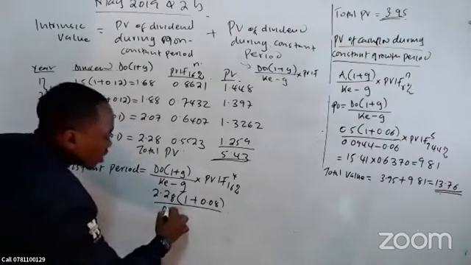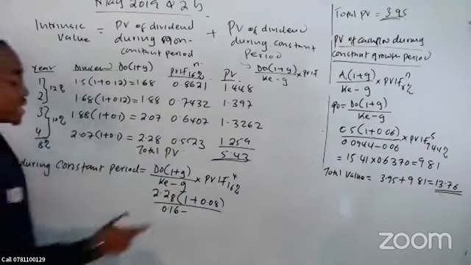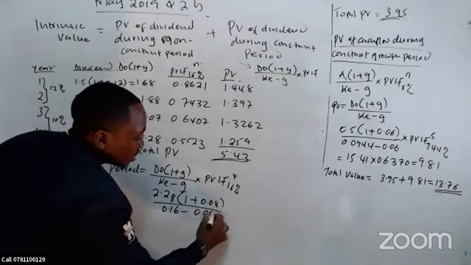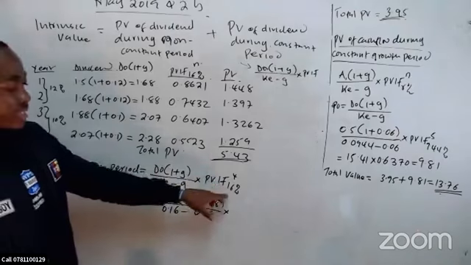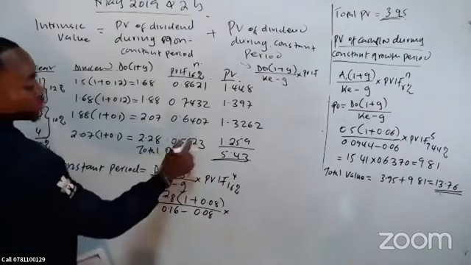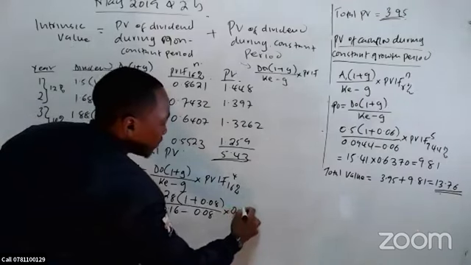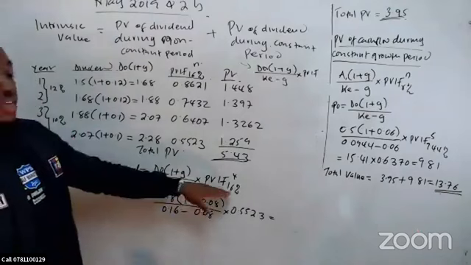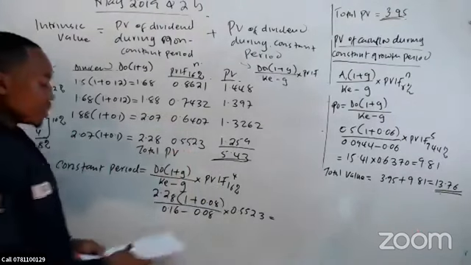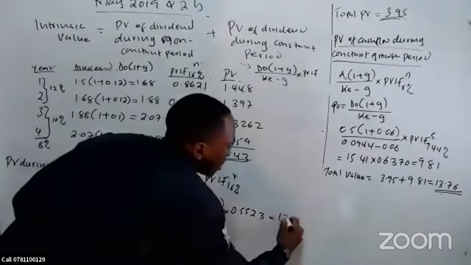So you take 0.16 minus the growth rate, 0.08. Then you discount using 16% for year 4, which is 0.5523. It's not an annuity, so don't use the annuity factor. Just use this for the single amount. In that case, you'll get 17.